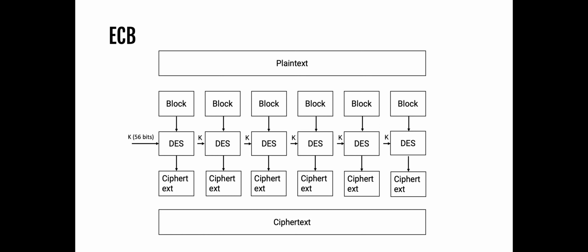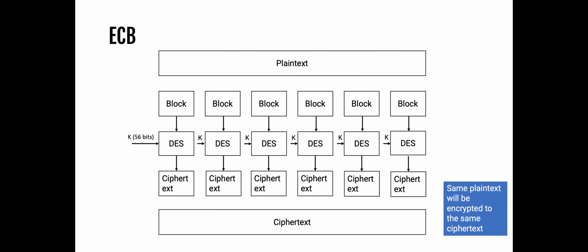So this is pretty easy. It's just like cutting plain text into blocks, using a block cipher to encrypt each block one by one, and then concatenating those blocks together after encryption. So question for you guys.